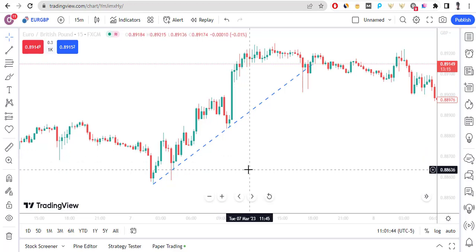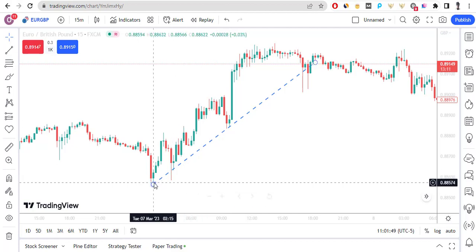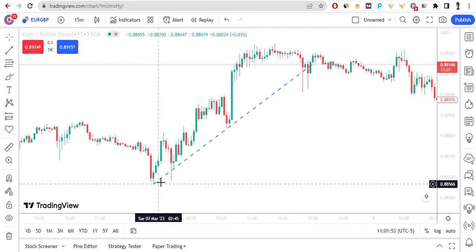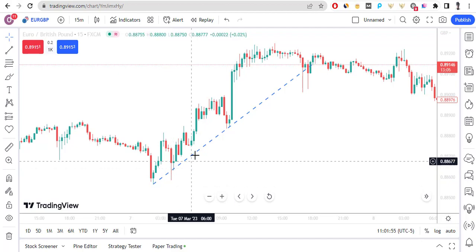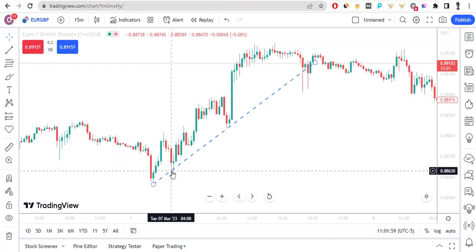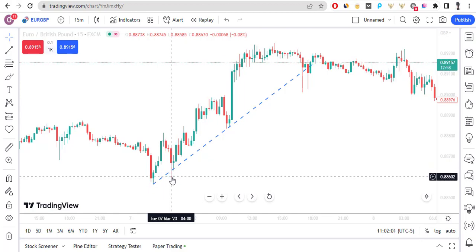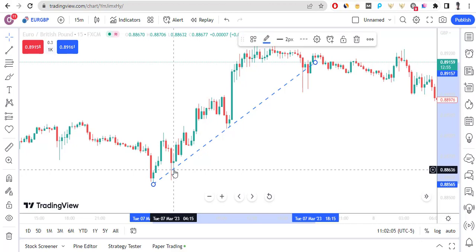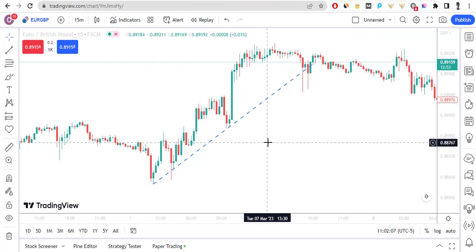A trend line can have the first point right here that touches it, the second point, and the third point. Even though this red candle went below it, it's negligible because we have the second point and the third point. You need a minimum of two points to draw a trend line.